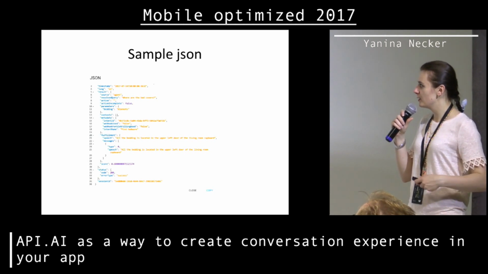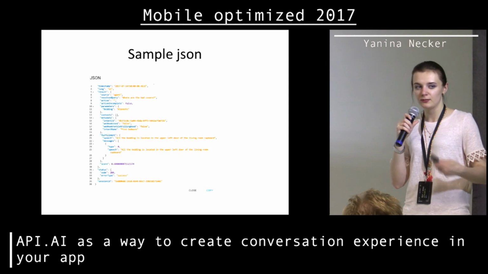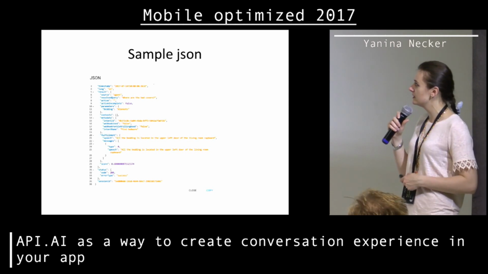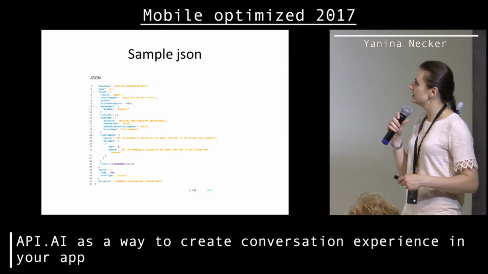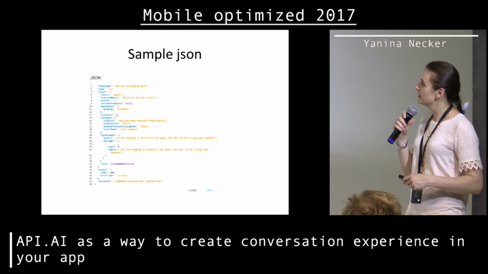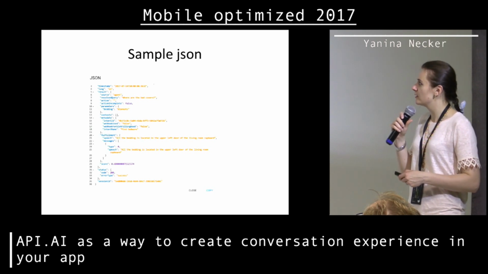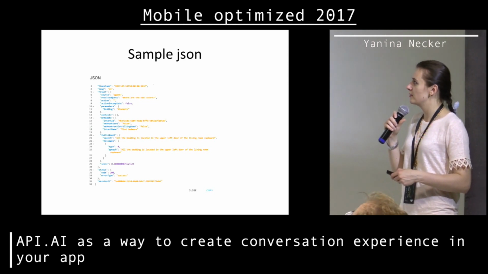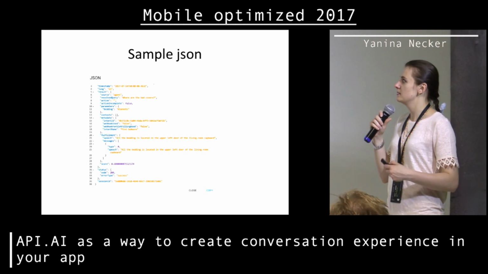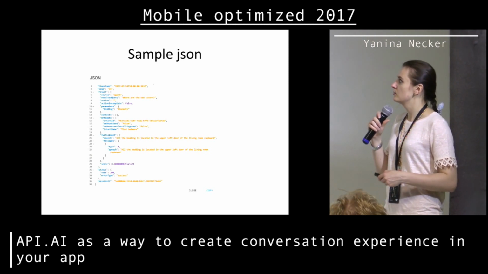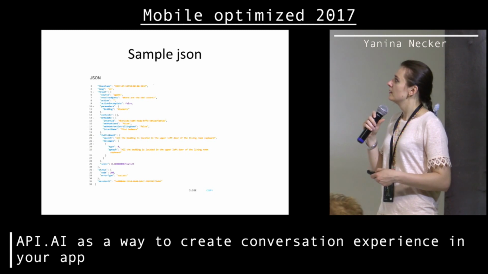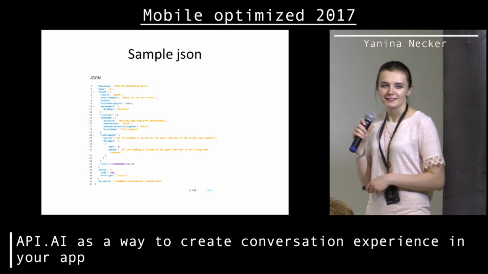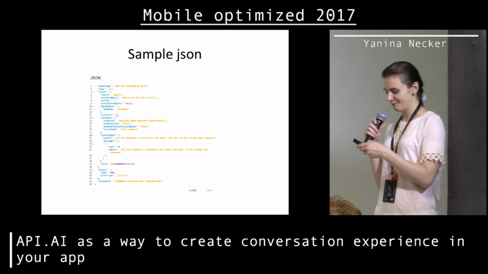It will tell us exactly what the user has said, which is convenient for the developer to troubleshoot later. It contains the resolved query. My query was where are the bedsheet covers, and that's what it figured out. And it extracts the parameters from it. In that case, it's blankets.